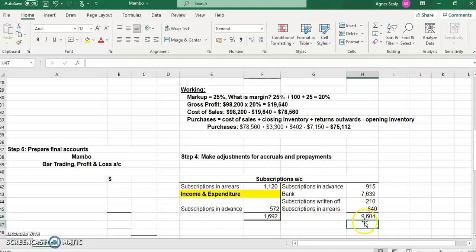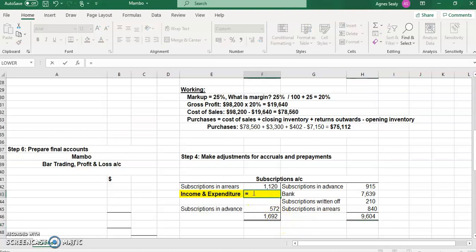On the credit side, our total is $9,604. And on the debit side, it is $1,692. So therefore, we're going to subtract the total on the debit side from the total on the credit side to come up with how much we are including in our income and expenditure for subscriptions for the period.